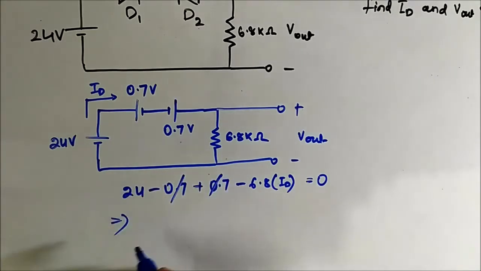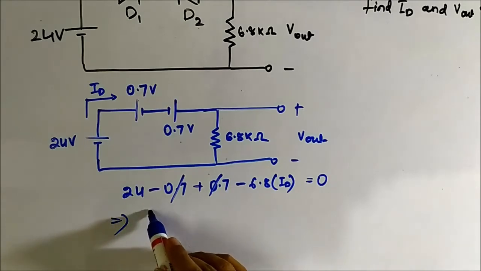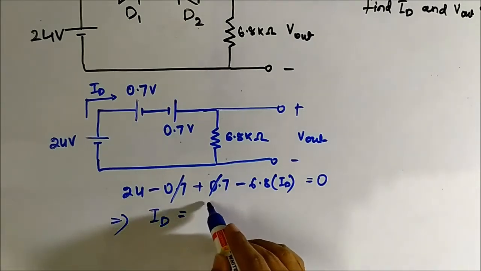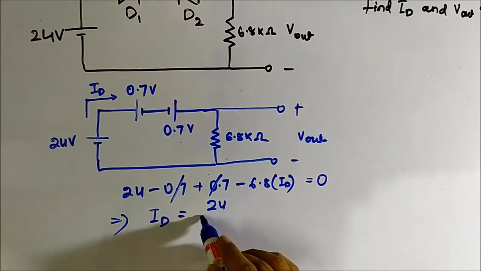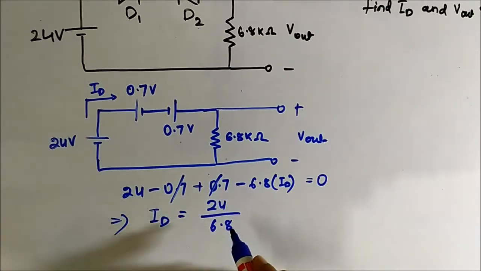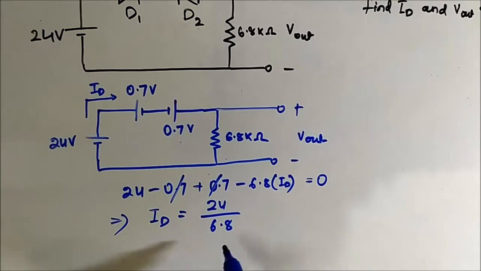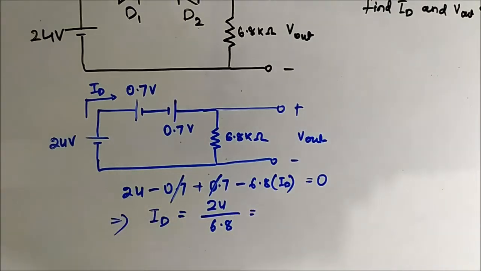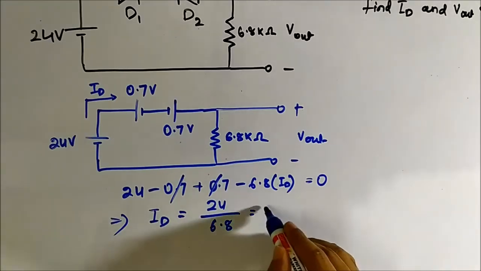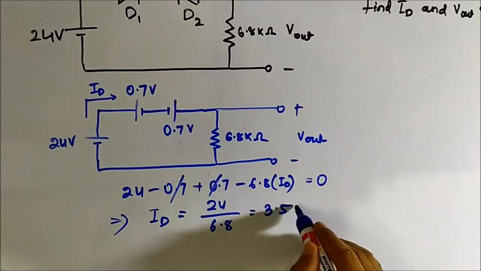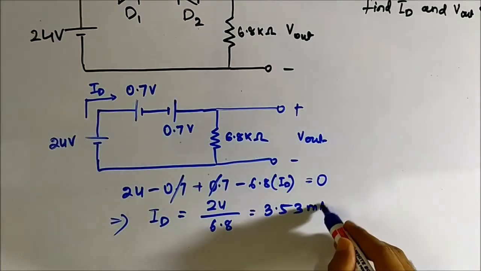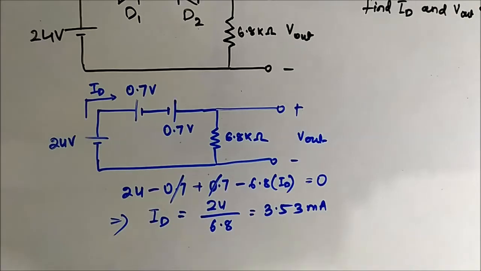That implies ID is equal to 24 by 6.8, which comes around 3.53 milliampere, since the resistance is in kilo ohm.